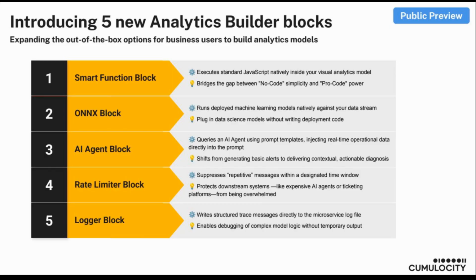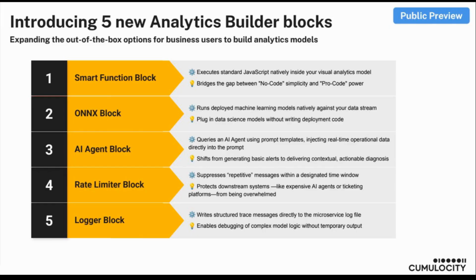And let me tell you, these aren't just utility updates. They are really designed to help you build smarter, more maintainable models, moving beyond simple monitoring towards really automated investigation and reasoning. Let me quickly run you through the lineup for today. So first, we have a smart function block for custom JavaScript logic. Then we have our core intelligent additions.